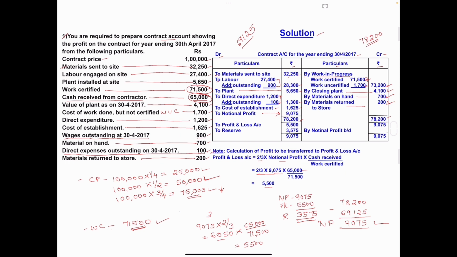The same 9,075 is brought down as notional profit brought down, 9,075. The same we will write here and here. Debit side, to profit and loss account 5,500, which we have just calculated. To reserve, the remaining amount of the notional profit, 3,575, and the total of these two is 9,075. So both sides will get the same amount. Is this problem clear?